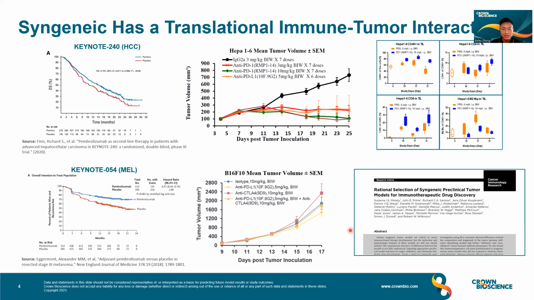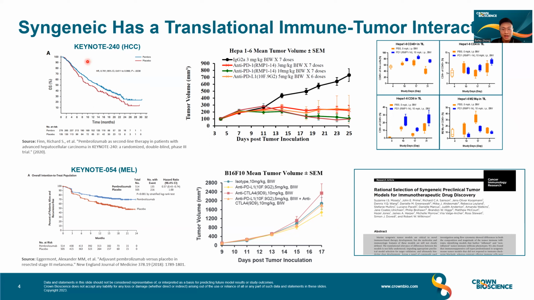Many studies have shown that mouse models are not very similar to human regarding some cancer types. For example, some mouse liver cancer models, like the HEPA-16 or H22, respond well to immunotherapy, but not in the human case.